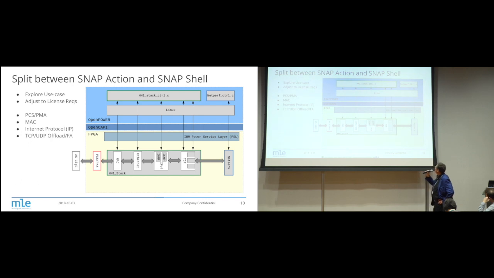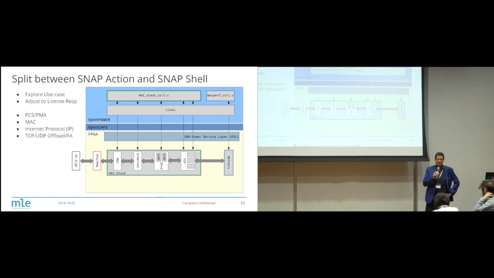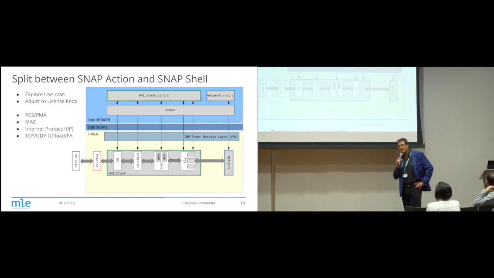And eventually, we have the user logic, which talks through CAPI to the counterpart in software land. For testing purposes, we use a hardware implementation of a well-known networking tool, which is NetPerf.